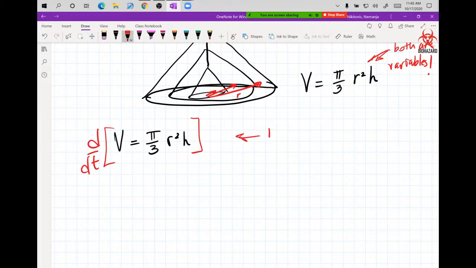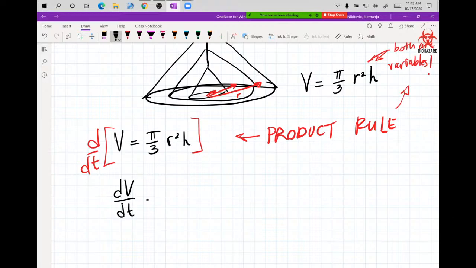And here it is, product rule. Okay, product rule. Both of these are variables. So dV/dt, right? Derivative of V is 1, and then follow with the dV/dt in the chain rule.